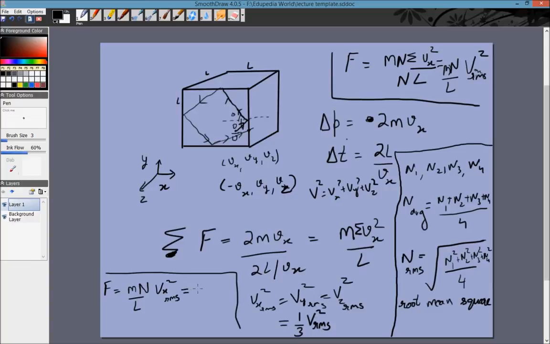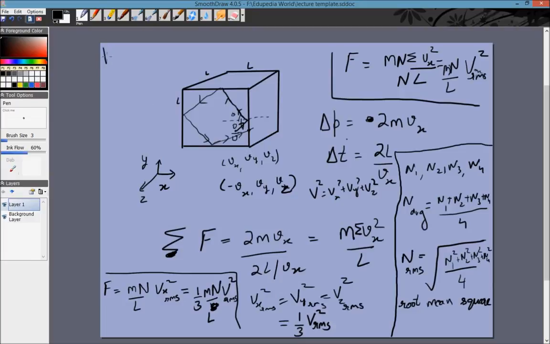So from this we get 1/3 of mN by L V RMS squared. Right, so this is the force. What did we want? We wanted the pressure on a particular wall. The pressure is force by area. What is area? Area is L squared.